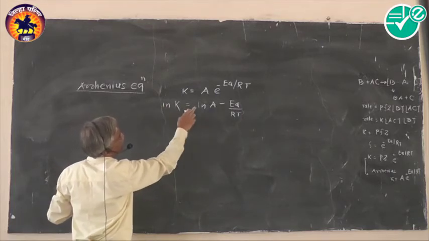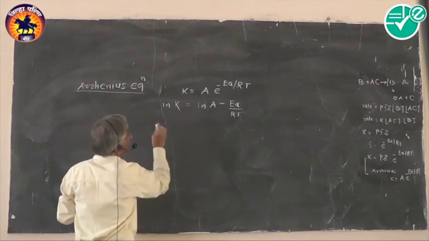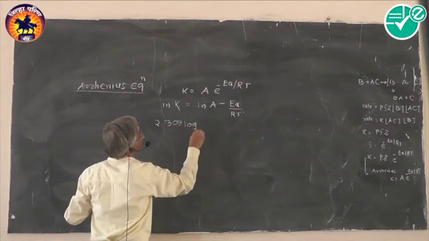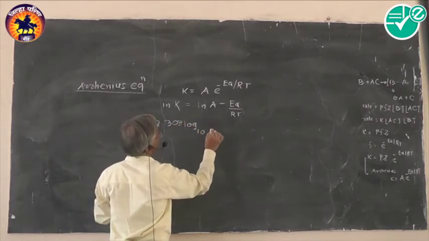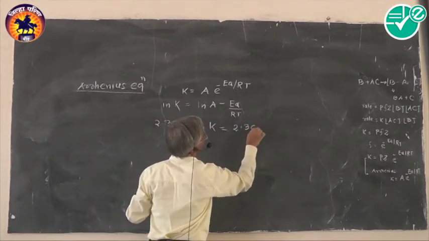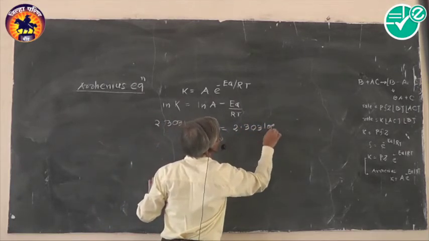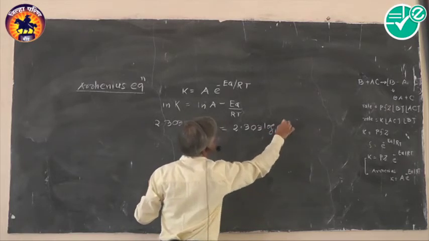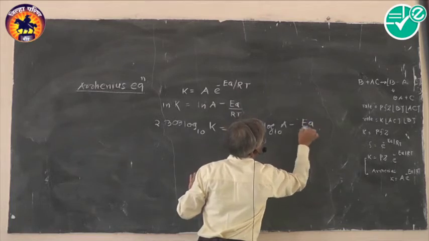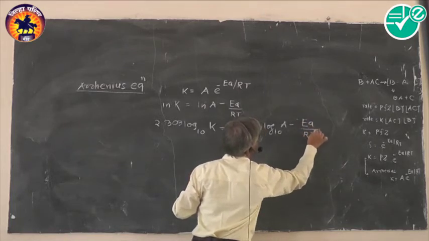So 2.303 log to the base 10 K will be equal to 2.303 log to the base 10 A minus EA divided by RT.